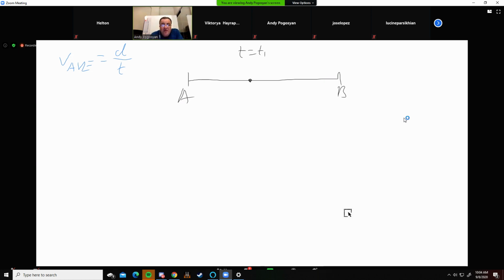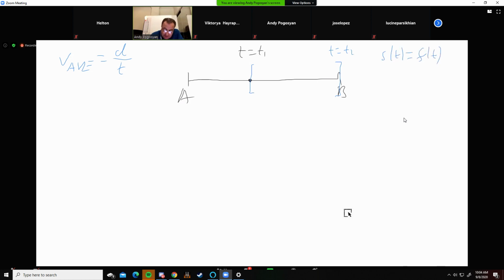You want to find out, let's say, the instantaneous speed of the car at that moment. Now we can do the following. From here to here, let's say t equals t2, and let's assume s(t), the position function, is defined as f of t.